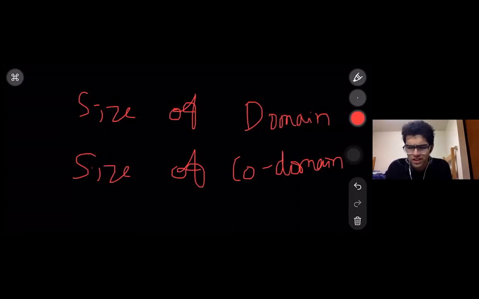It doesn't matter what the function is, and I don't even need a concrete example. I just want you to tell me what the sizes of the domain and the codomain should be to ensure that we can have a one-to-one or an onto function. That is my question. Please feel free to think about it.